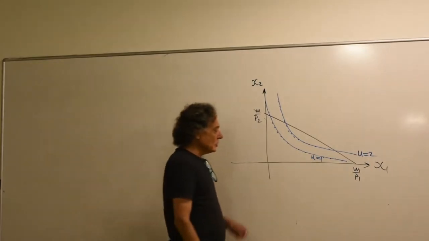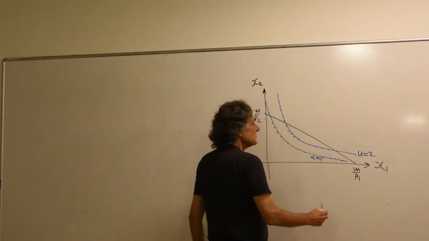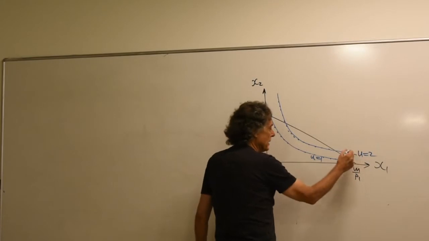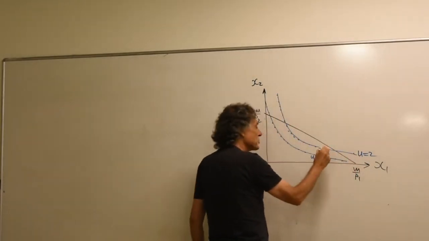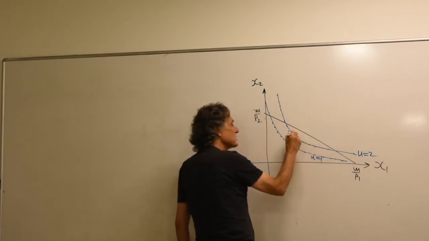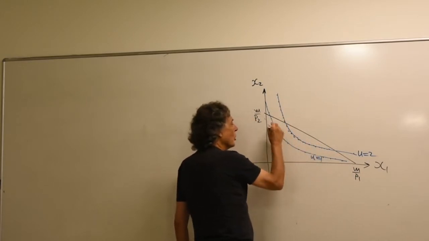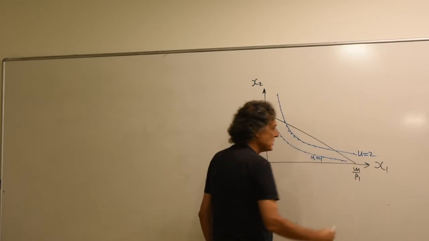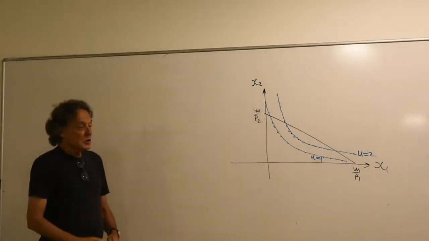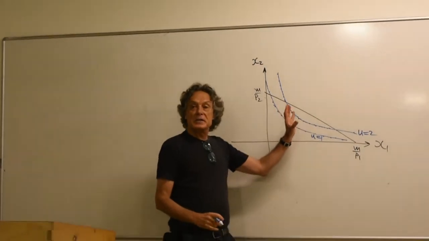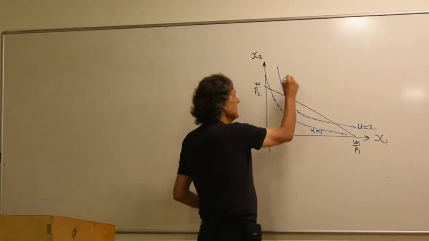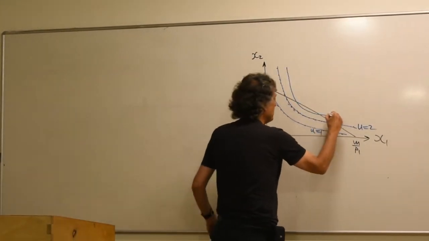Utility level is 2, and the assumption is that obviously he likes to be here more than he likes to be here. Actually, he prefers every bundle here to every bundle here because it gives him higher utility. So I'm trying to increase his utility. So this is even better for him.